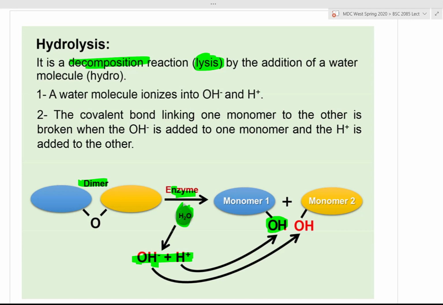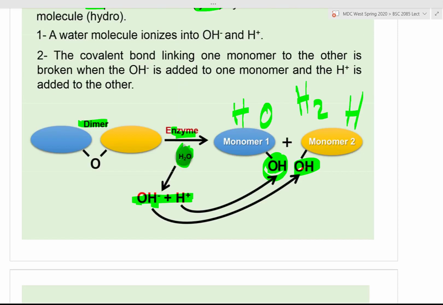OH and another H, right? So one H goes here, the other H goes here, right? So H2, and then one OH or one oxygen goes here, and the other one just binds to the other oxygen. Okay?